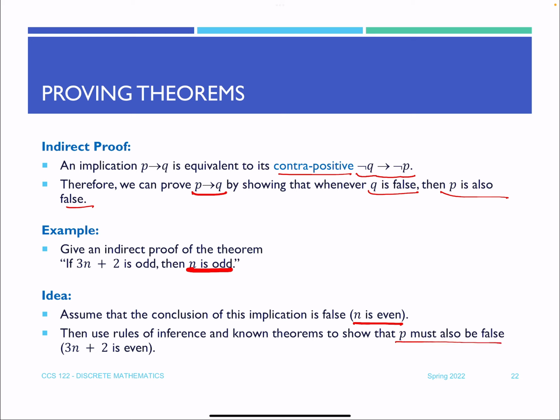And what was P? 3n plus 2 is odd. So meaning, show that 3n plus 2 is even. So the opposite of n is odd is n is even, and the opposite of P is 3n plus 2 being the opposite of odd, even. So we'll go from here to here.